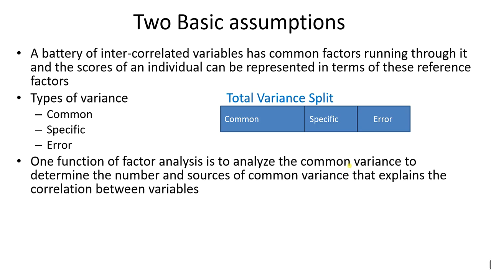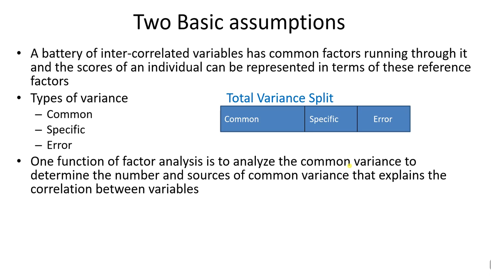variance. So one function of factor analysis is to analyze the common variance. Why? To determine the number and source of common variance that explains the correlation among variables.